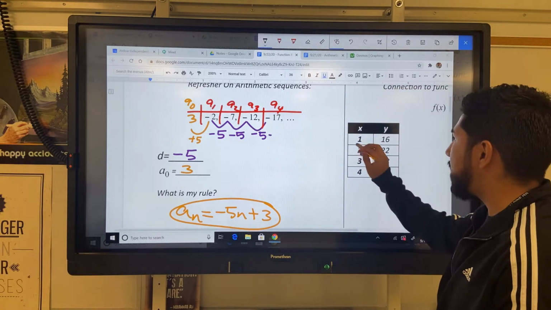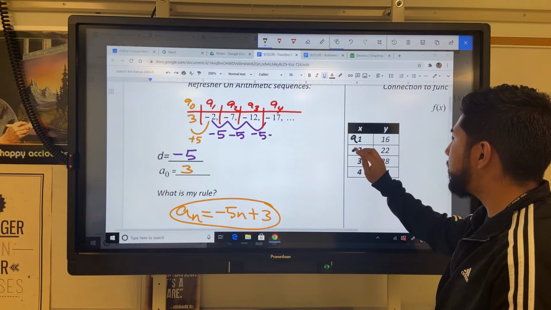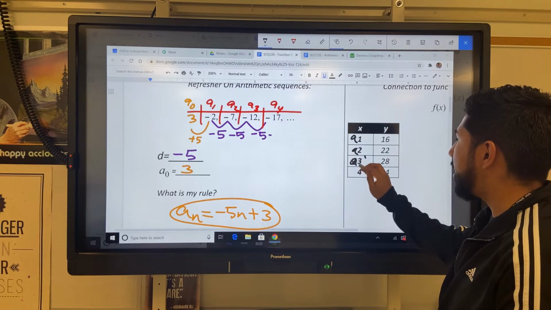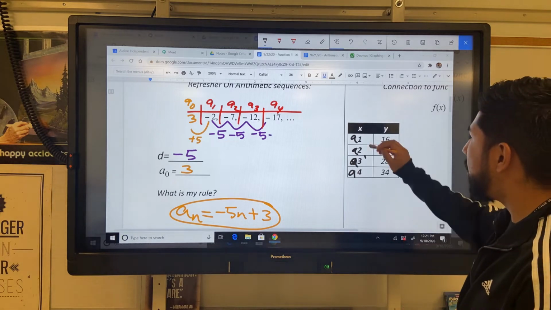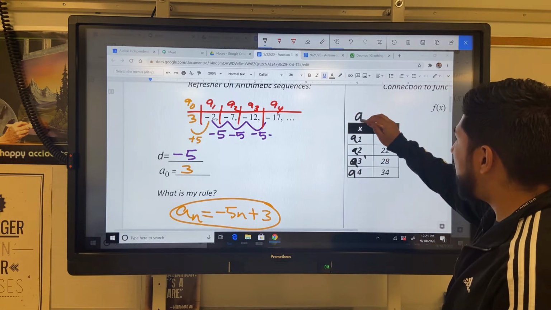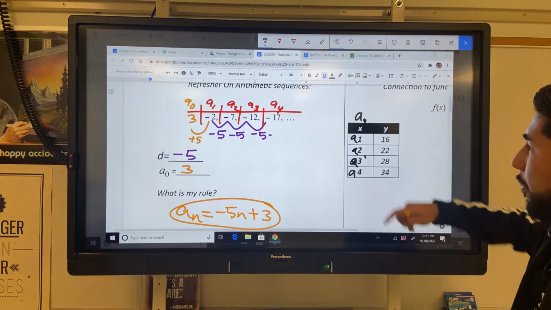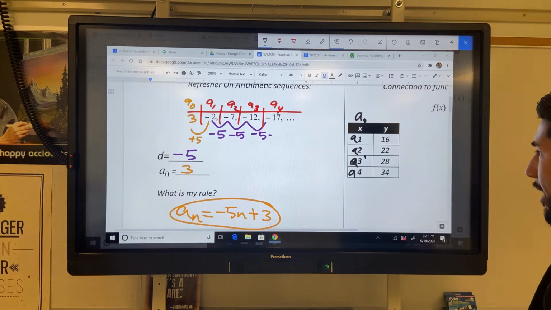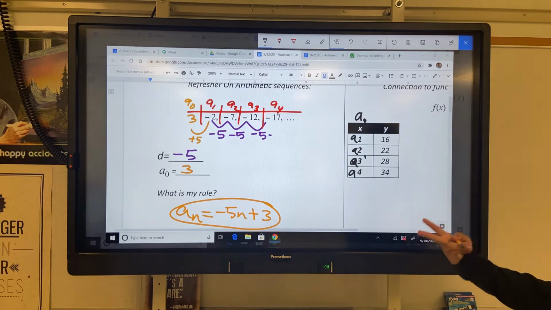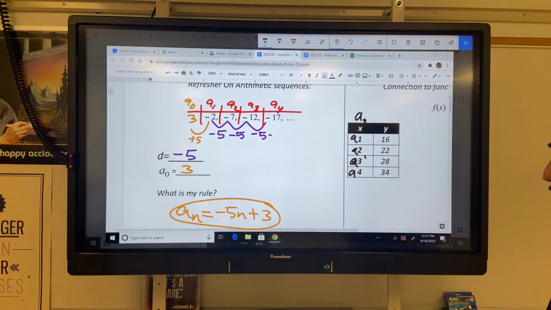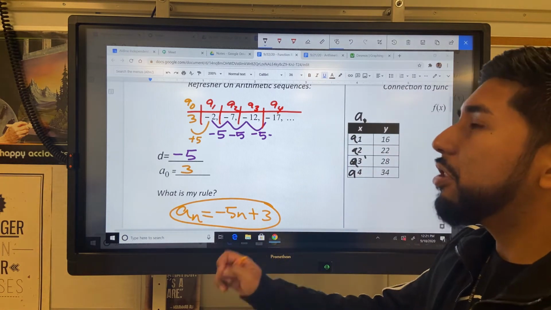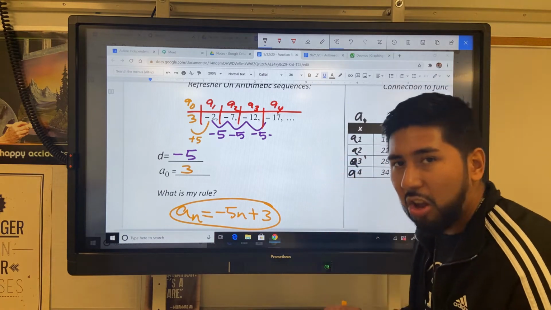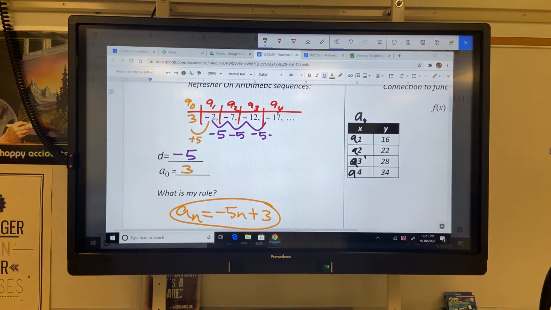So that means this is my A1, this is my A2, my A3, and my A4. So I need to go up a couple steps to get my A0, but let's find that difference. It's also called my rate of change, which is also called my slope.